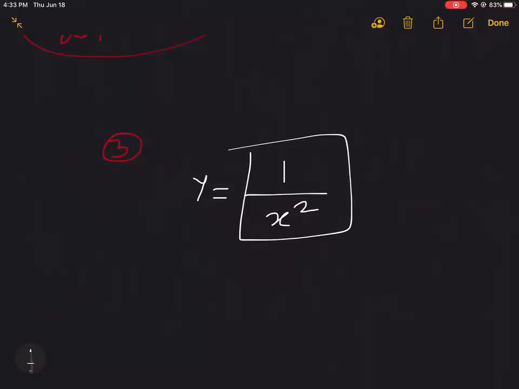So first of all, a +1 question. Whoever answers first will get a +1, of course. Y equals 1 over x squared is even or odd? Is it even or odd? Even, anyone else? Even.